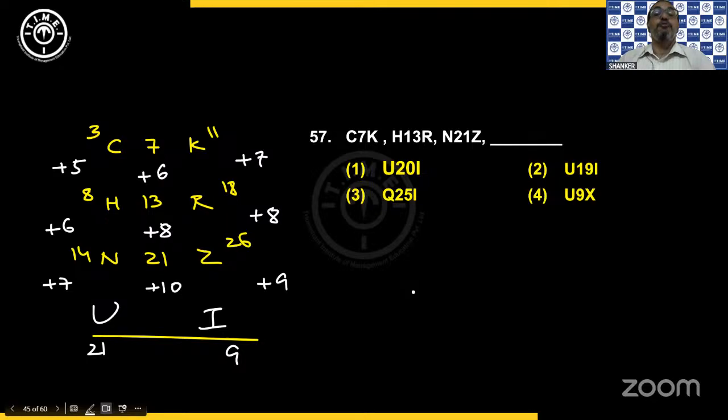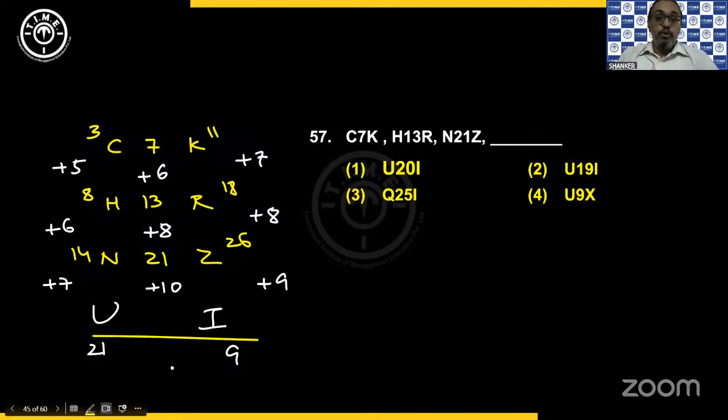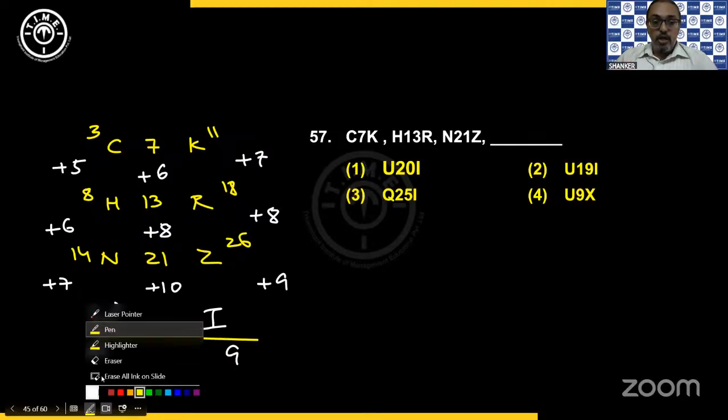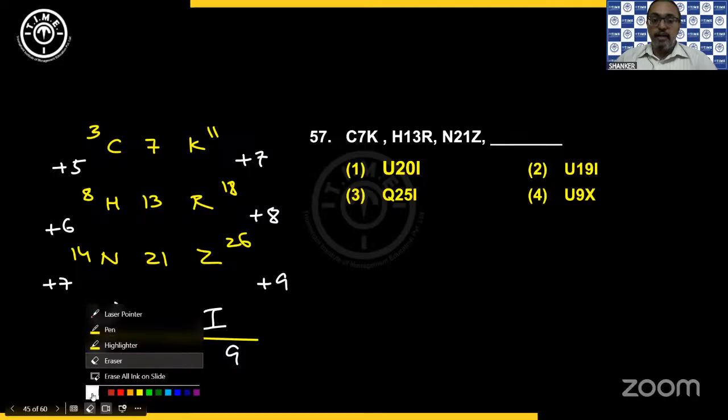But I don't have an option of 31. If I had, I could have marked it. But what else can I do? Sometimes there can be a logic. You need to check both ways. You can get a logic only with the numbers separately, but in our case, only with the numbers is not working out for us. So then try to see, can I make use of the place values to identify?